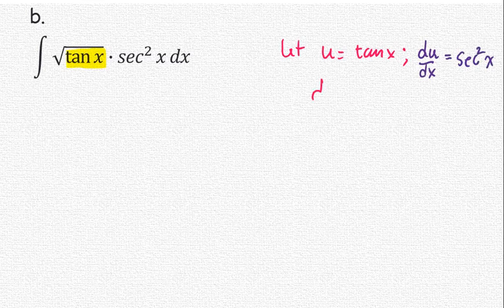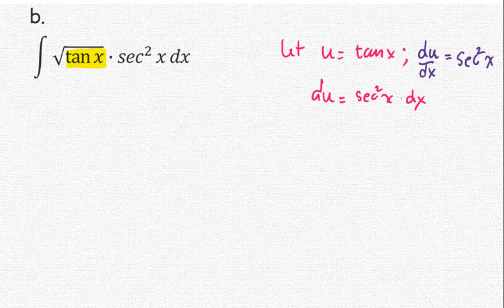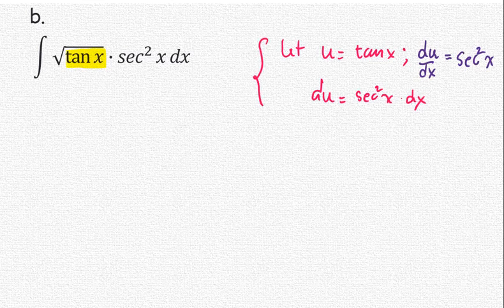Therefore, the differential du is secant squared x multiplied by dx, in product form. Now we're going to move on to the main part of the problem. The side work we keep as a reference and bring back into the main part to simplify the antiderivative. Now the integral becomes the square root of u. The secant squared x dx is du.